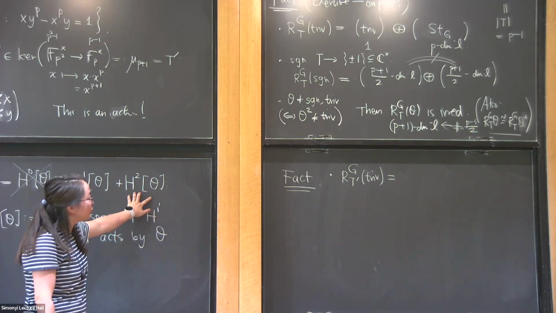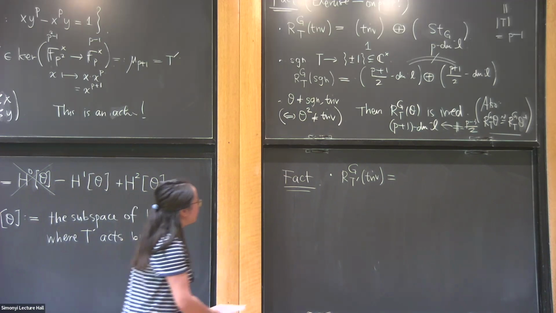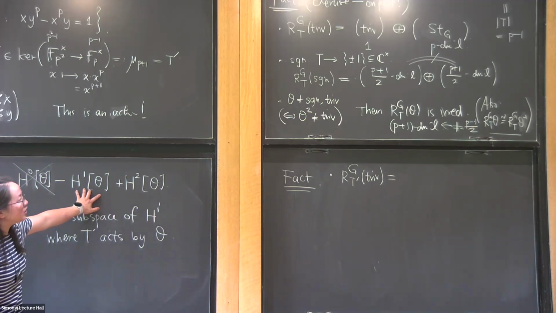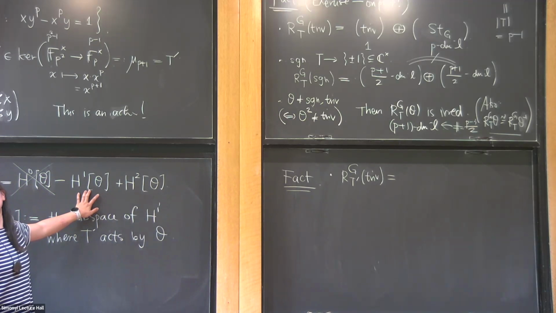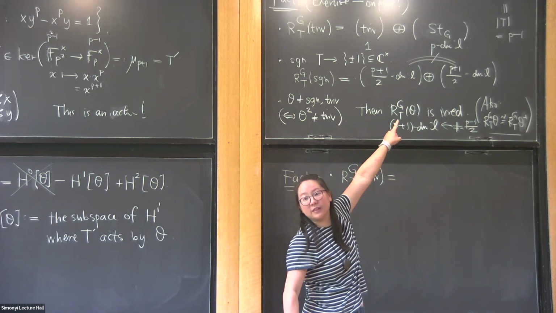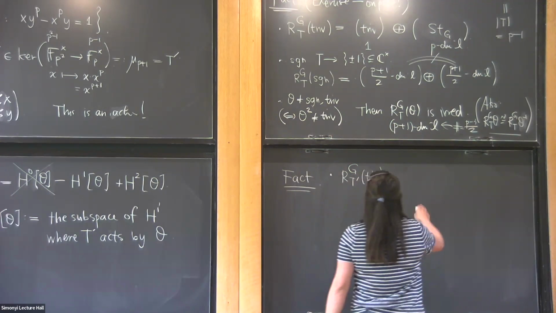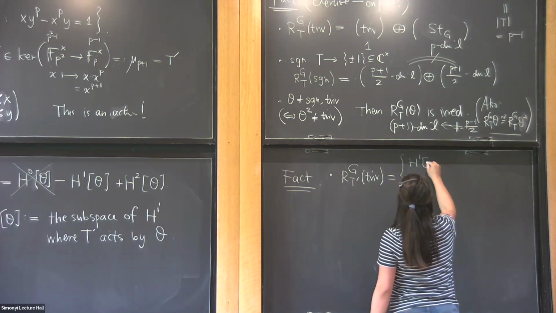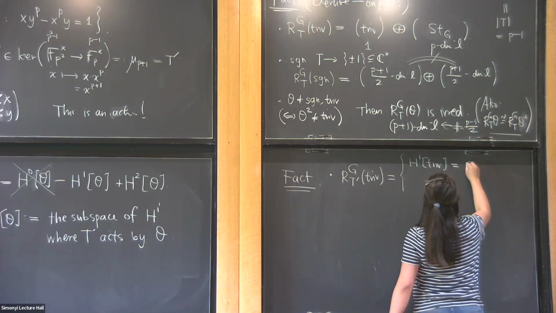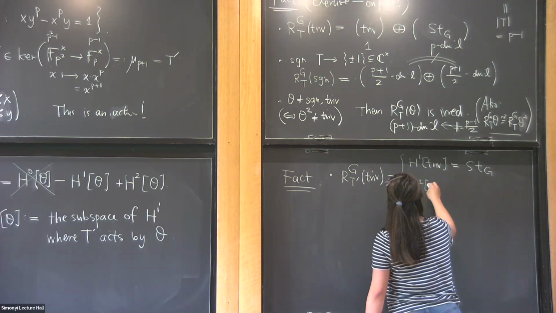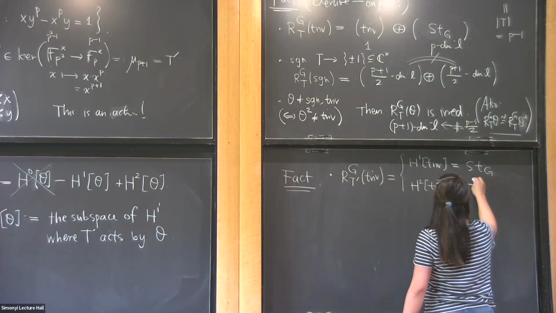So our H2 over here will be trivial. And this H1 will contain a p-dimensional representation, and it turns out that's the same thing as this Steinberg thing that I wrote up there. So in this situation, H1 of triv is equal to Steinberg, and H2 of triv is equal to the trivial representation.